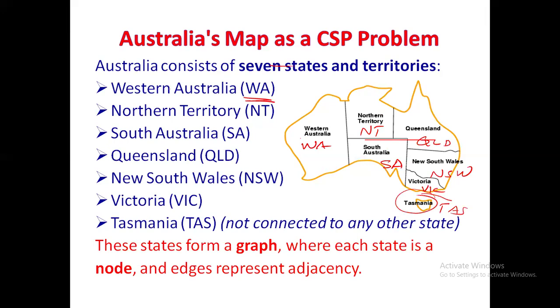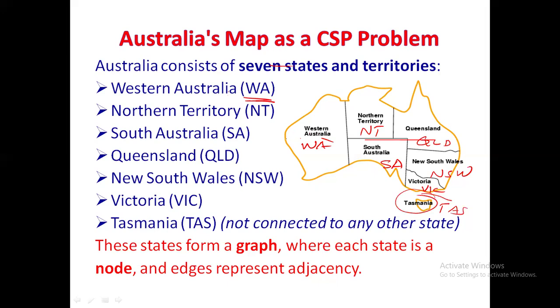These states form a graph where each state is a node and edges represent the adjacency. Once again, I'll repeat: the map of Australia consists of seven states and territories: West Australia WA, Northern Territory NT, South Australia SA, Queensland QLD, New South Wales NSW, Victoria VIC, and Tasmania TAS.